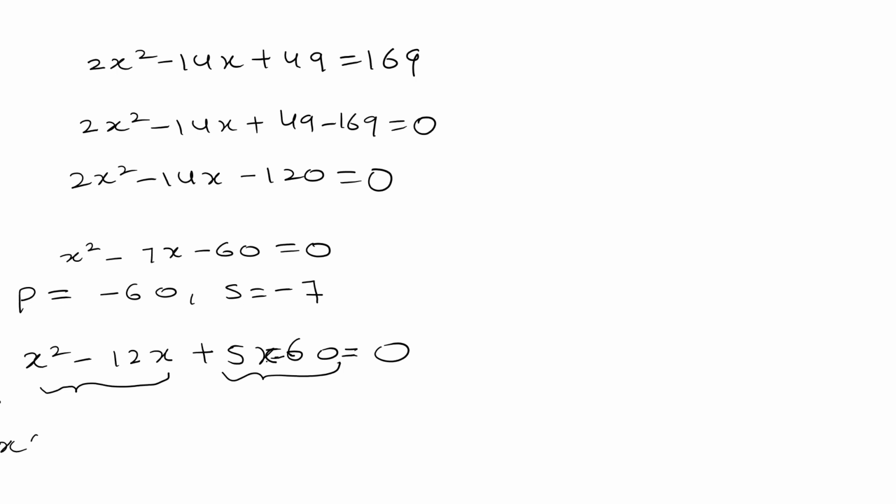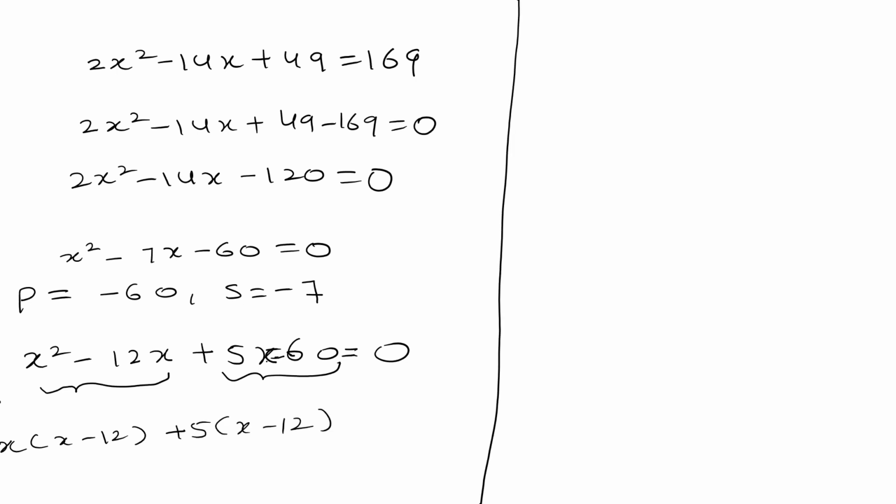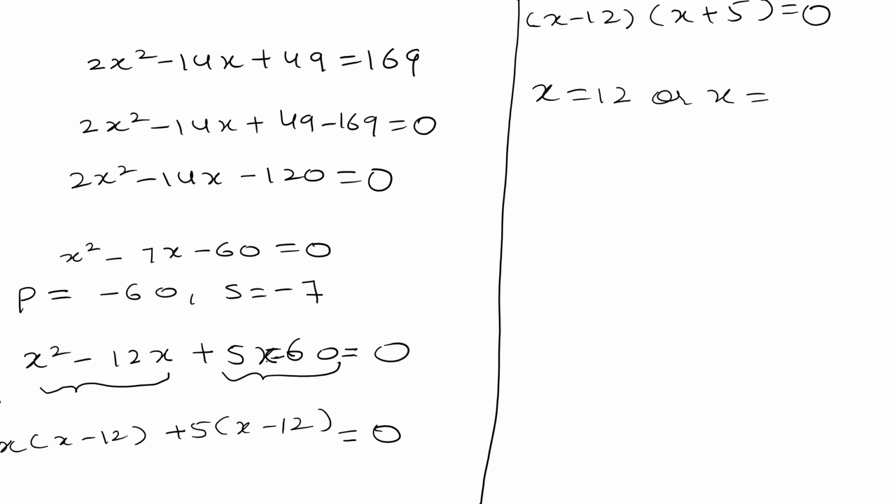So x minus 12 plus 5 times x minus 12. One bracket will be common. Here we have to put equal to 0. The common bracket is x minus 12, and x plus 5 equal to 0. So we can write x equal to 12 or x equal to minus 5.